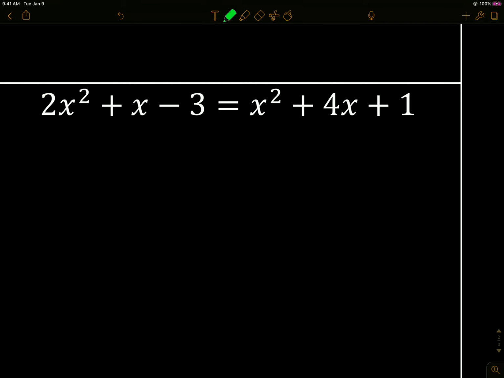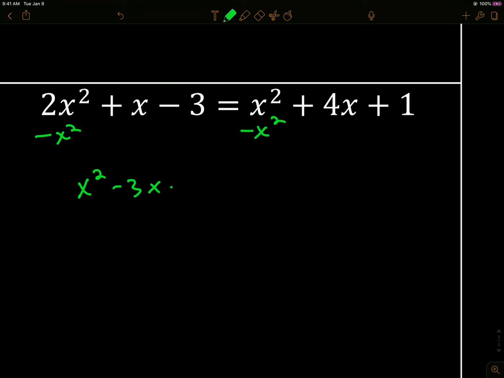This one, again, I want to end up with the positive x squared, so I'm going to subtract x squared off both sides to keep my quadratic term positive. Nice. And then I'm going to subtract 4x off both sides and get minus 3x.